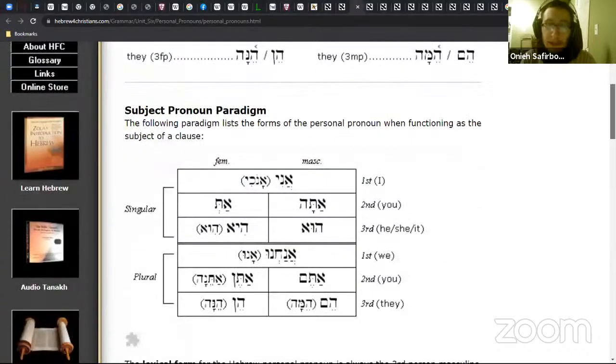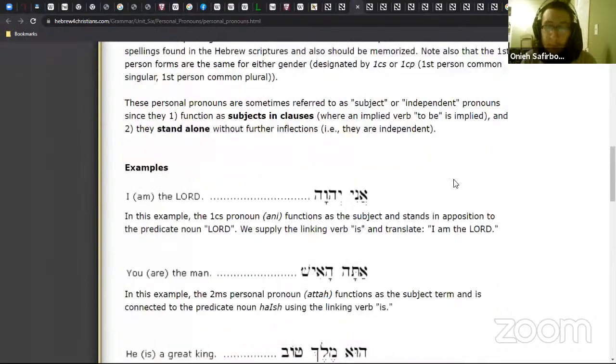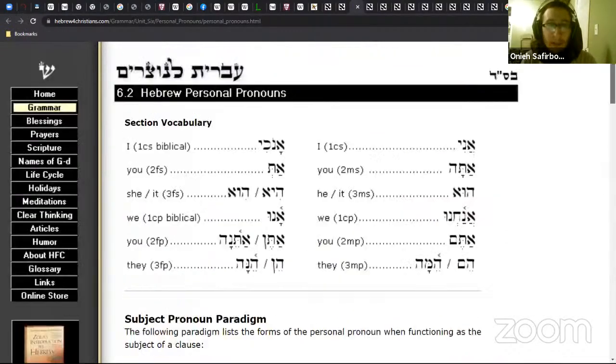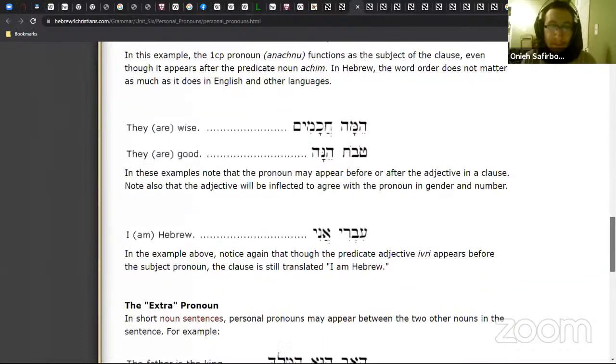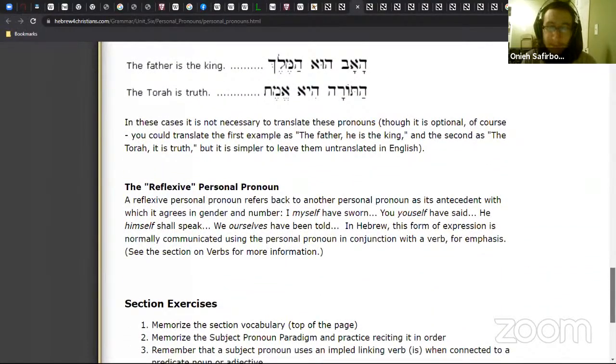So with that said, I think we will move on from these personal pronouns, as they're called, because we've discussed these before. I just said this right here.